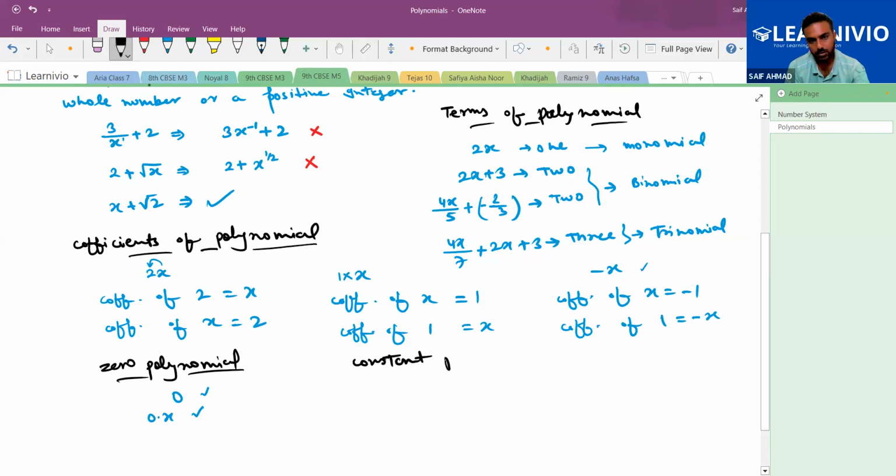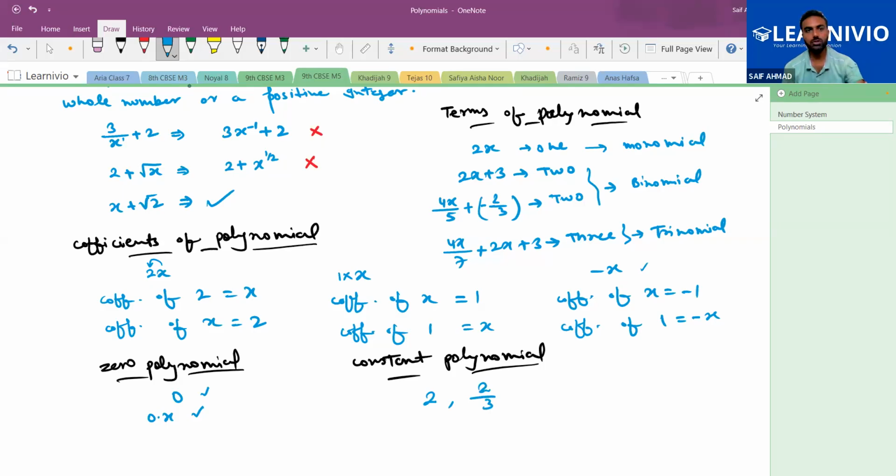Constant polynomial. If any polynomial has only a constant, for example 2 or 2 by 3, it is a constant polynomial. But the question has arisen that I told you a polynomial has a variable whose power should be a whole number. So how is a constant number a polynomial?